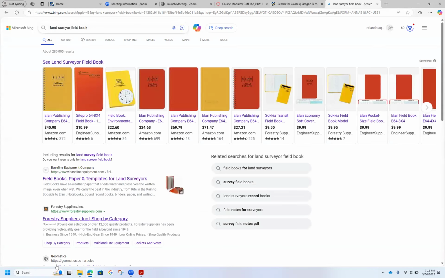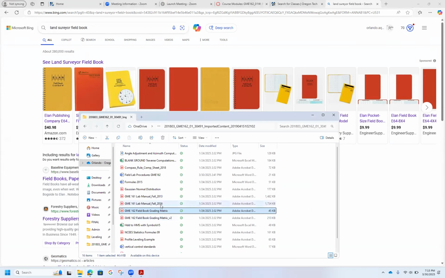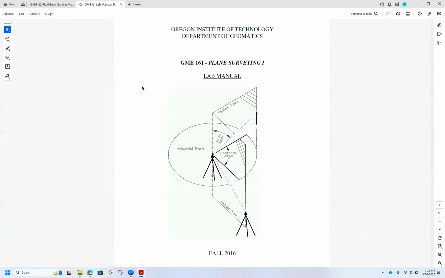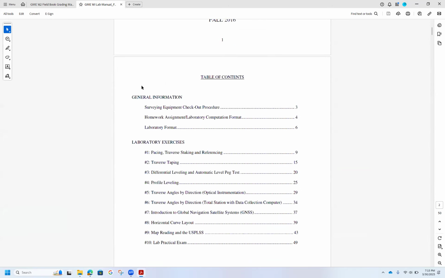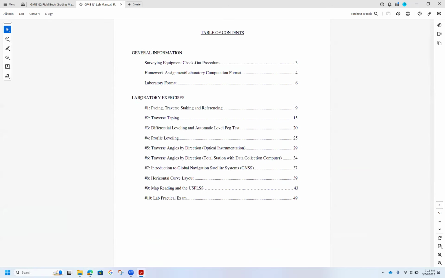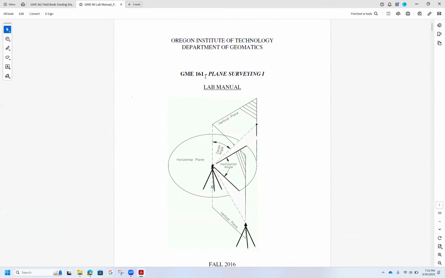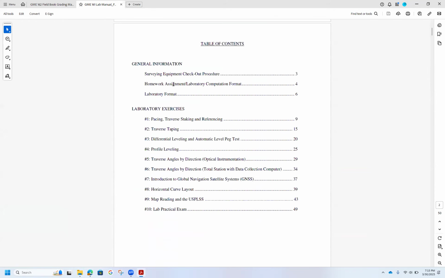I believe we have the manual too. Yep. So this is something that we used to have the students get when we were taking the course. So this was GME 161. Yeah, this is the lab manual for GME 161.